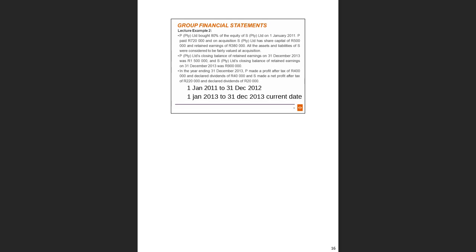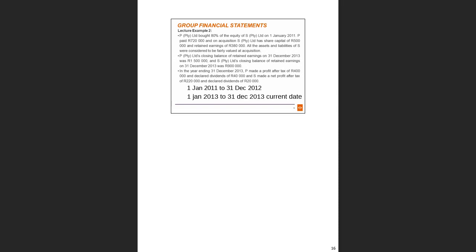So what portion of the post-acquisition retained earnings of 520,000 Rand relates to the current year? The current year retained earnings is 200,000, calculated by taking the 220,000 profit minus the dividends of 20,000.